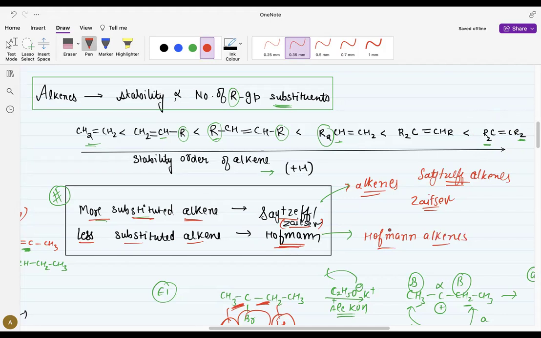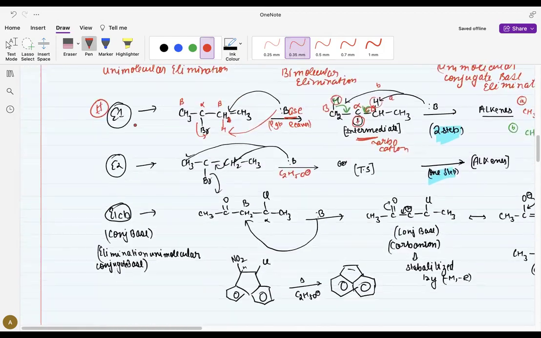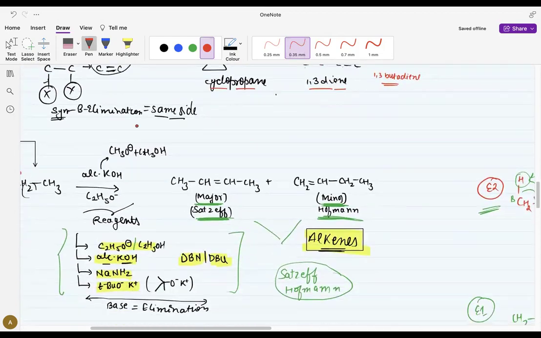So these are the two naming of alkene. If you have more substituents, that is known as Saytzeff alkene. If you have fewer substituents on alkene, it is known as Hofmann alkene. So we will study these two alkenes, what they are called.